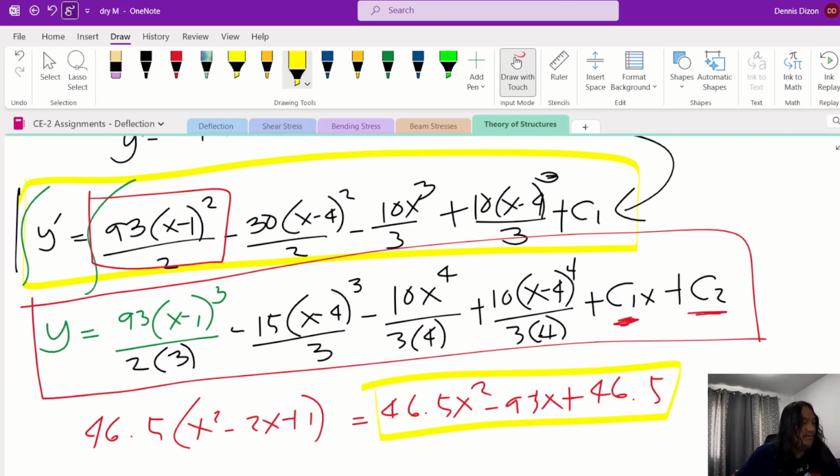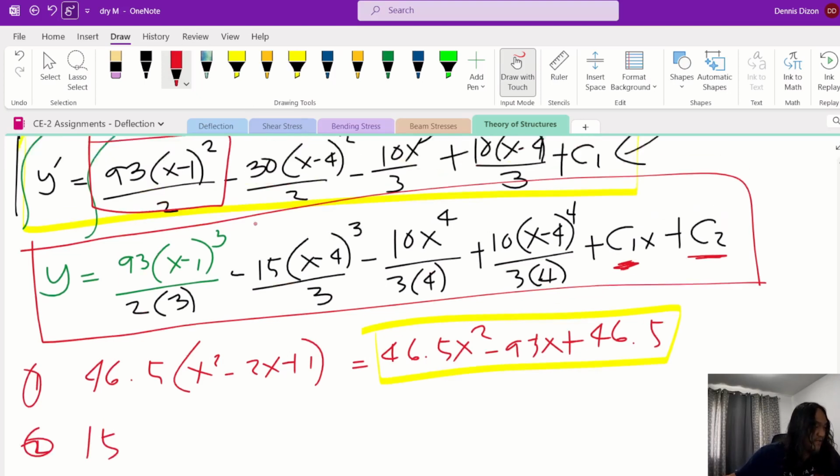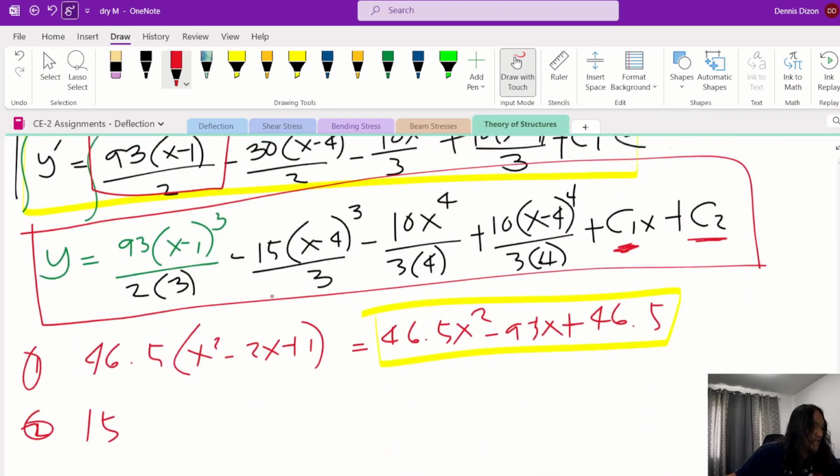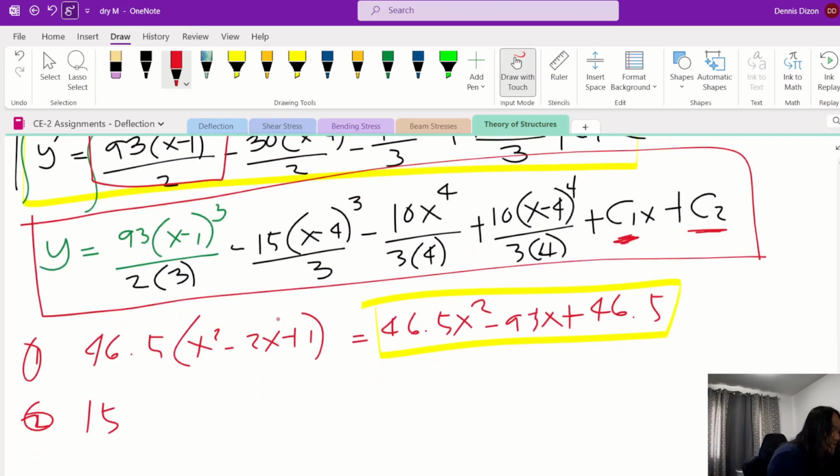Now our second term is 30 over 2, which is 15, times (x minus 4) squared, which is x squared minus 8x plus 16.